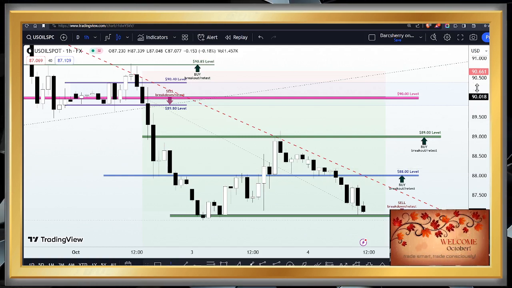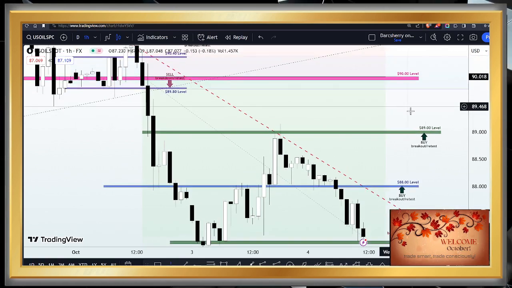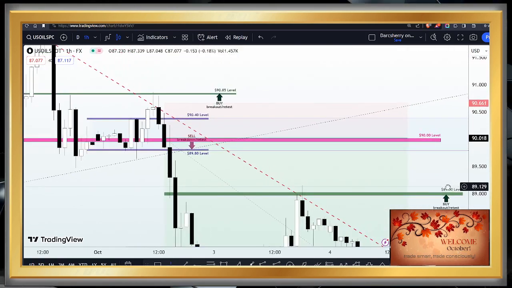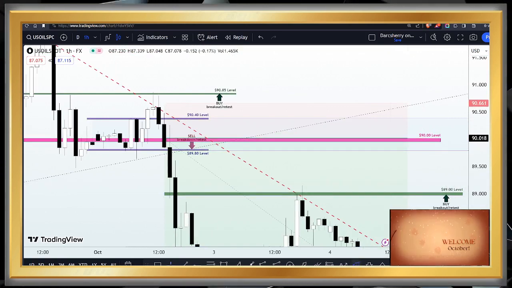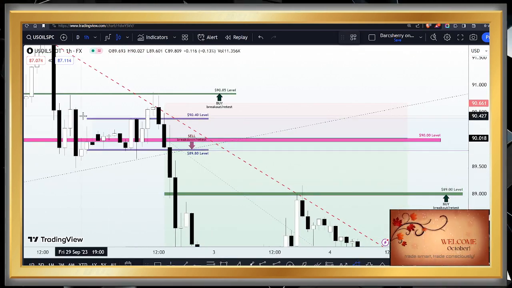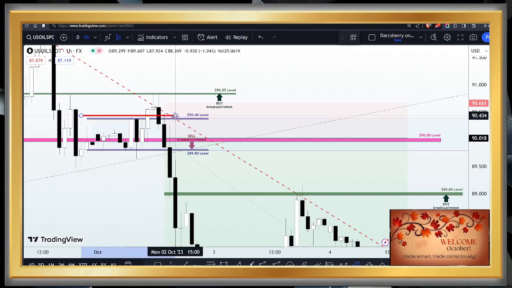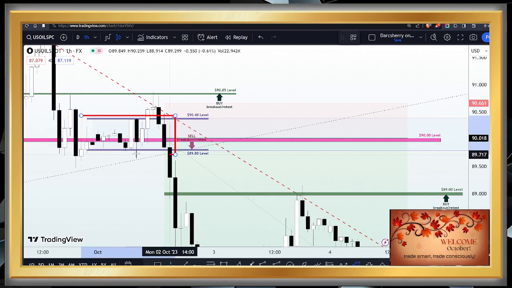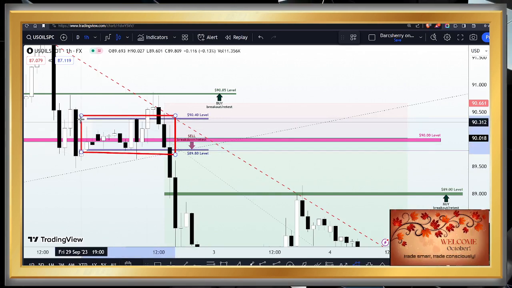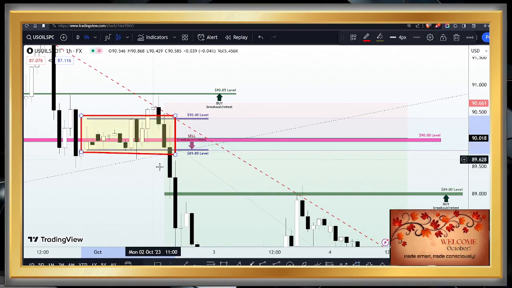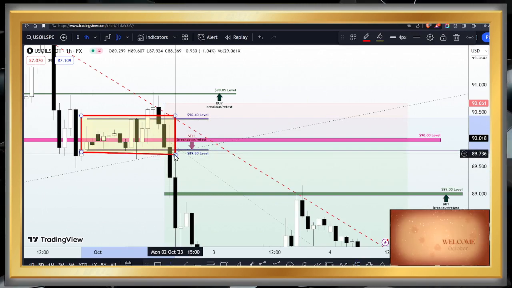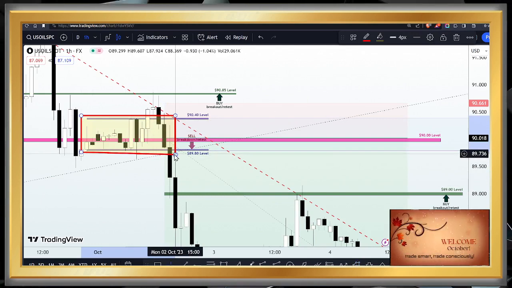Now, at the beginning of this week, right here on the 1 hour time frame, we were able to spot an indecisive phase, a consolidation during the early hours of the new week. We saw how price was initially confined within the $90.40 level, and of course the $89.80 area, to emphasize the level of indecision in the market at that point in time.